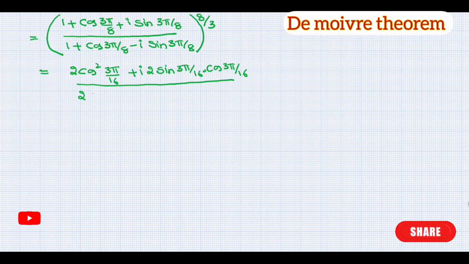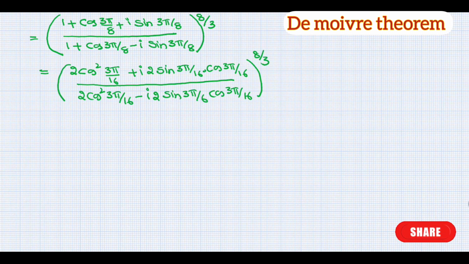Denominator is 2 cos² 3π/16 − i into 2 sin 3π/16 cos 3π/16, whole power 8/3. Okay, now in numerator and denominator, 2 cos 3π/16 is a common term. Take common 2 cos 3π/16 in both numerator and denominator.